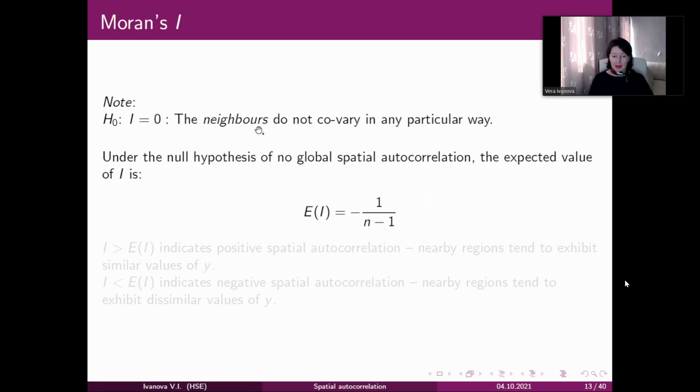For example, if my region's value changes, my neighbor's values do not change. This corresponds to the null hypothesis of zero spatial autocorrelation. Under this hypothesis of no global spatial autocorrelation, the expected value of the index is a very simple formula, -1 divided by n-1.